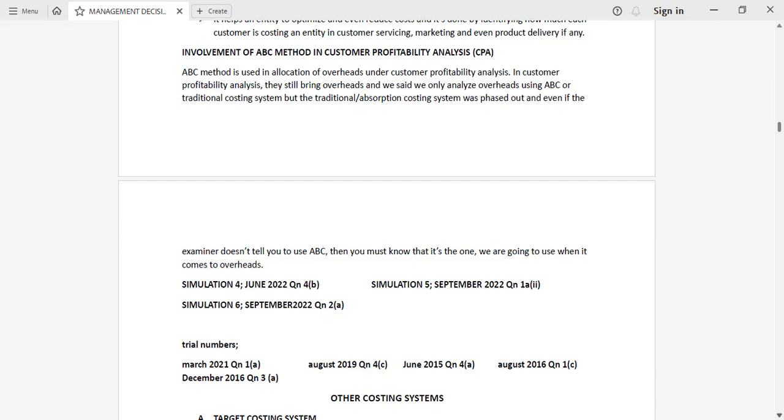So that's all we need to know as far as the customer profitability analysis is concerned.